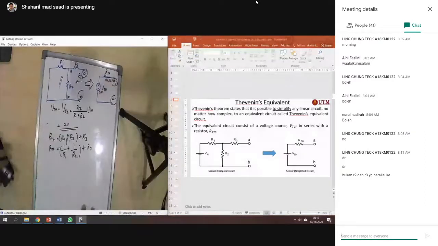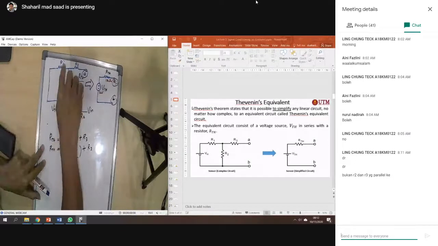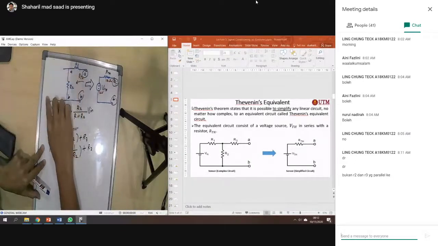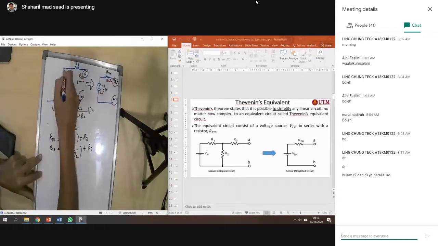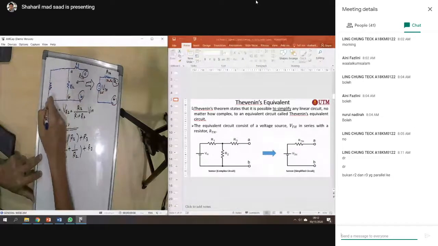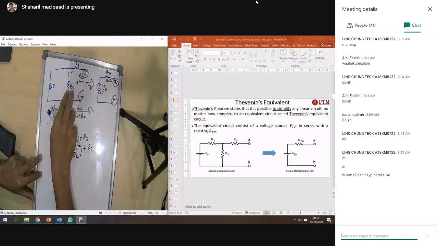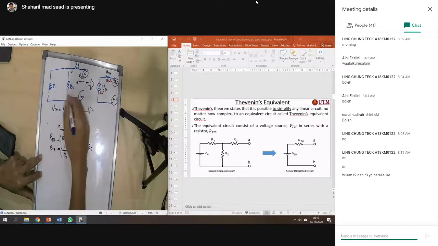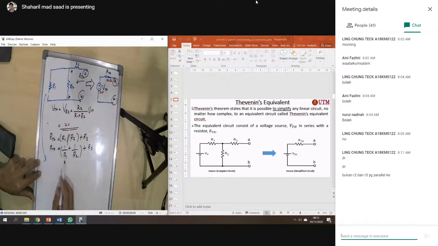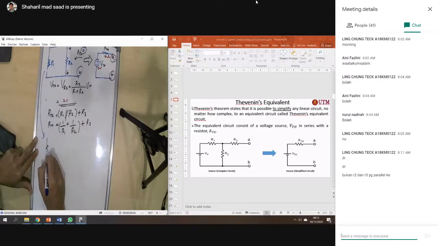So that means when you short it, this one will become R1. So R1 and R2 is parallel. So when you simplify it, you will get this one, another resistor. So this one is R1 parallel with R2, and then you add R3.